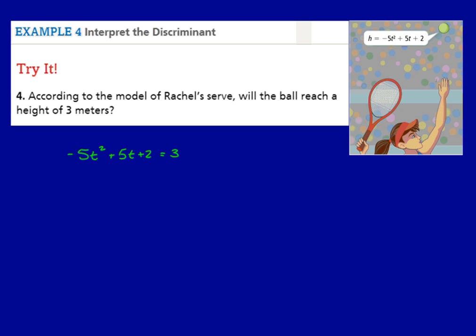But I told you at the very beginning, the quadratic formula has to be equal to 0. So the first thing that I'm going to do is come through and subtract 3 from both sides. So what I'm really going to have is negative 5t squared plus 5t minus 1 equals 0. And now we can use the quadratic formula.